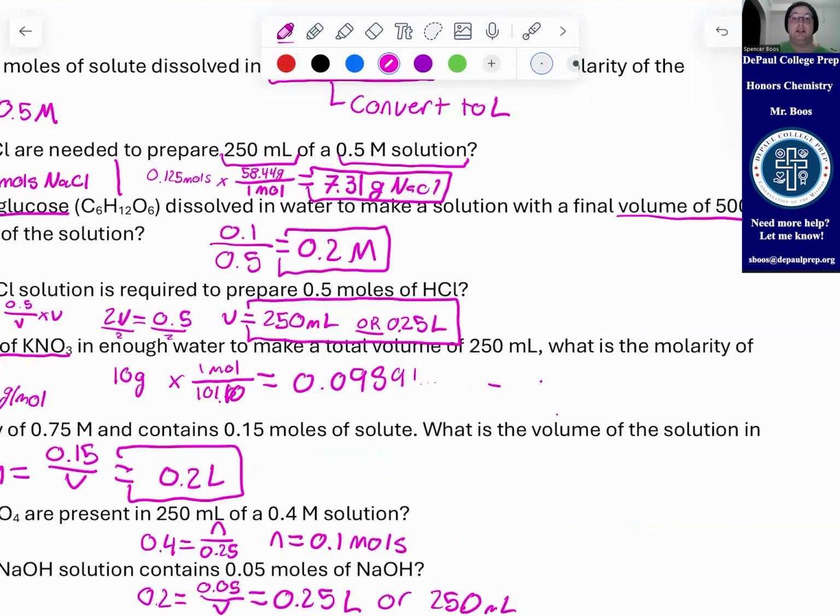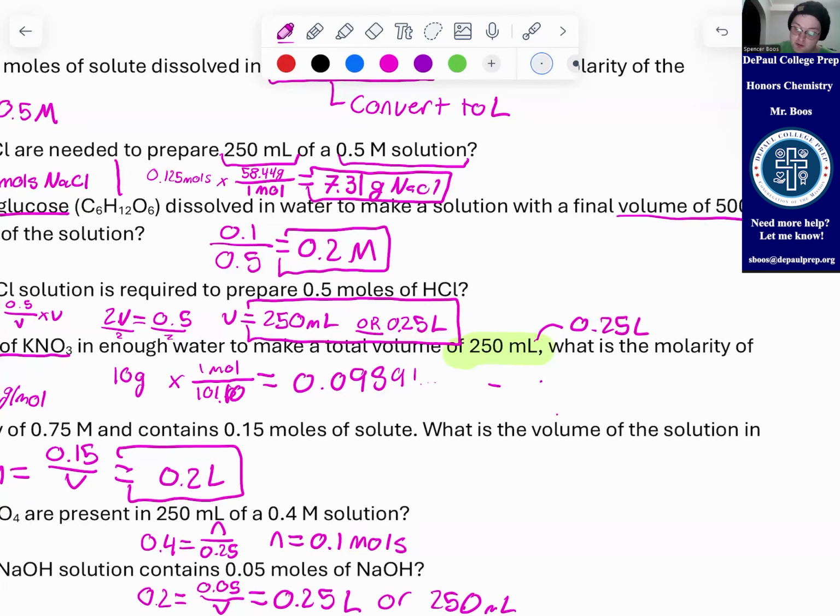Great. Here, it says that the total volume is 250 milliliters. Of course, being the smart chemist that you are, we know that we can't use milliliters. We need to use liters. So to convert this, of course, use King Henry died by drinking chocolate milk, to 0.25 liters.